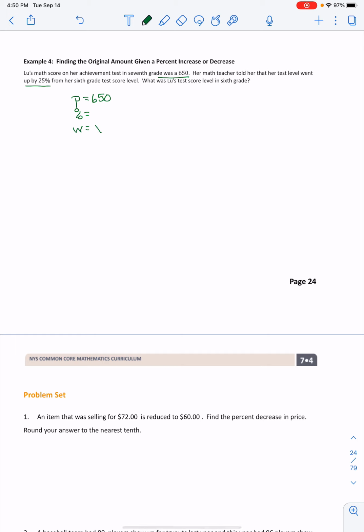W would be X. Because it went up, we would have to add 25% to 100. So we're looking at 125%. So that would be 1.25.